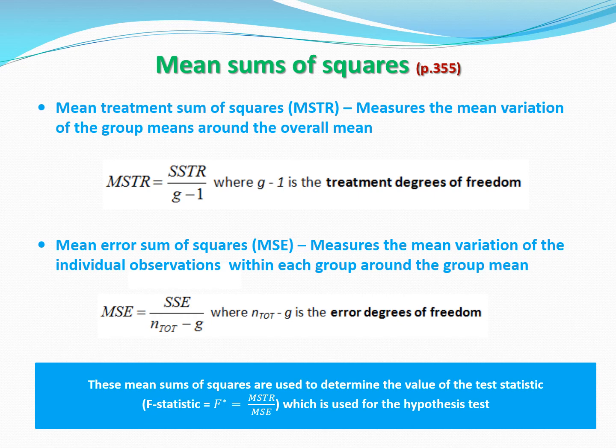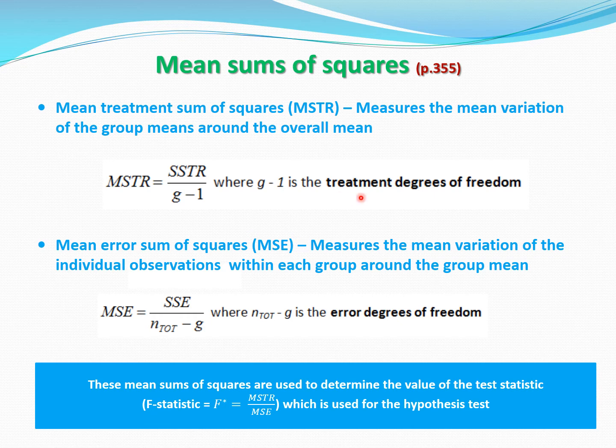We can then use these measures to calculate our F statistic, and that we are going to use in our hypothesis test in the next section. Our F statistic is denoted by F star, and that's simply your MSTR divided by your MSE. This F statistic follows the F distribution with V1 and V2 degrees of freedom.